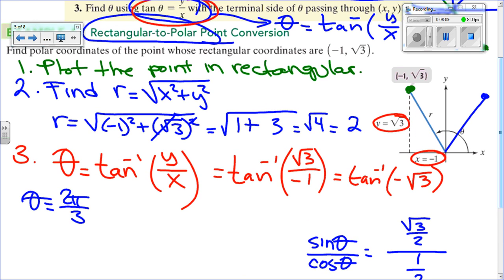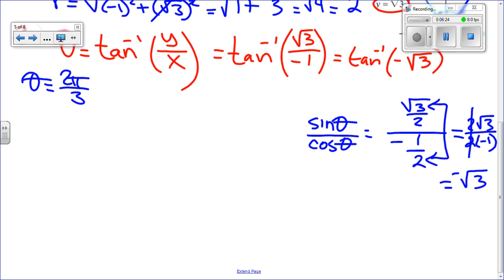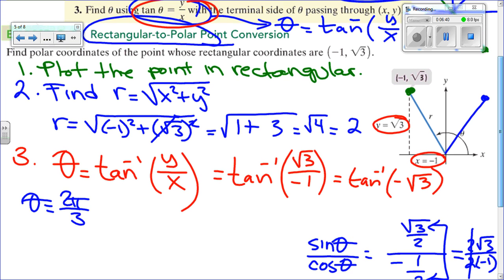We're talking about something in quadrant 2, so the cosine is negative. And that's actually how you get your negative square root of 3. So which angle will that be? Where the sine is positive square root of 3 over 2, and that one will also be 2 pi over 3. Okay, so that is why it's so important to plot the point.